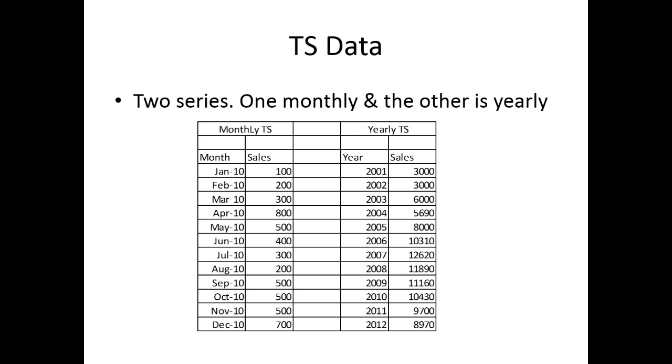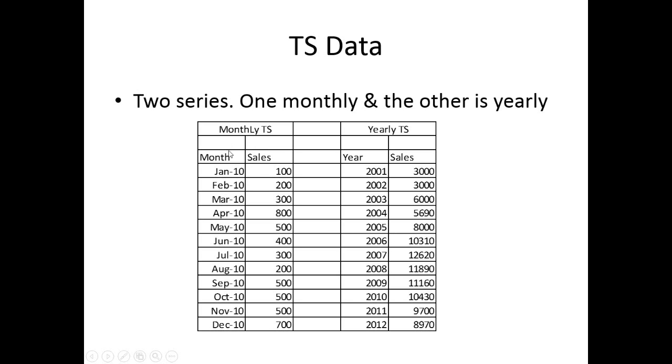Let us see an example. I have got two series. One is monthly and the other one is yearly. That means the time duration between the data points in the first data series is 1 month, and in the other data series, which is the right table, is 1 year.